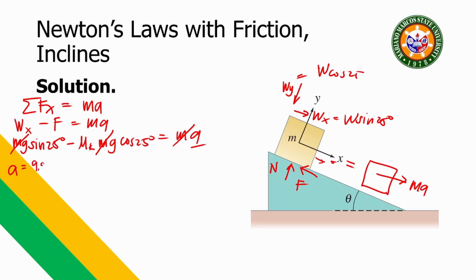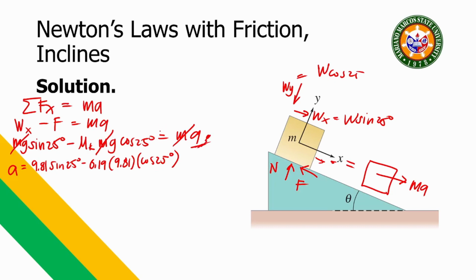So, 9.81 multiplied by sine 25 degrees minus mu k. So, mu k natin was 0.19 multiplied by gravity 9.81, cosine of 25 degrees. So, this one will be equal to the acceleration. So, acceleration lang yung naiwan dito sa side na to.